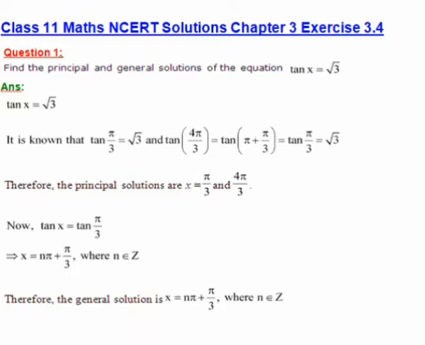Now on the basis of these general solutions, we find the general solutions of the given questions. Here, find the principal and general solution of tan x is equal to root 3. First we find at what angle the value of tan is root 3.